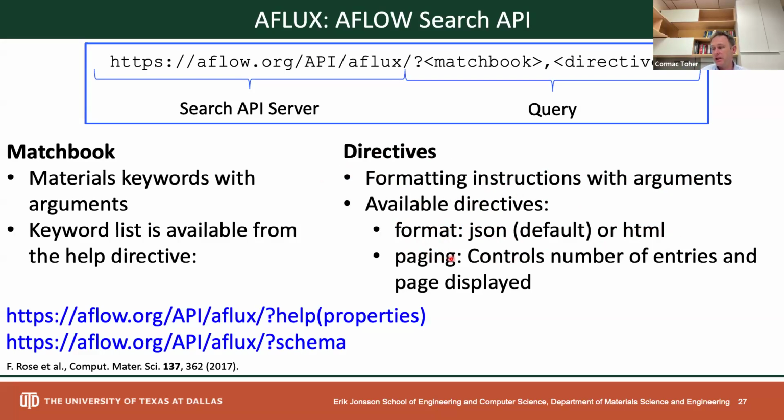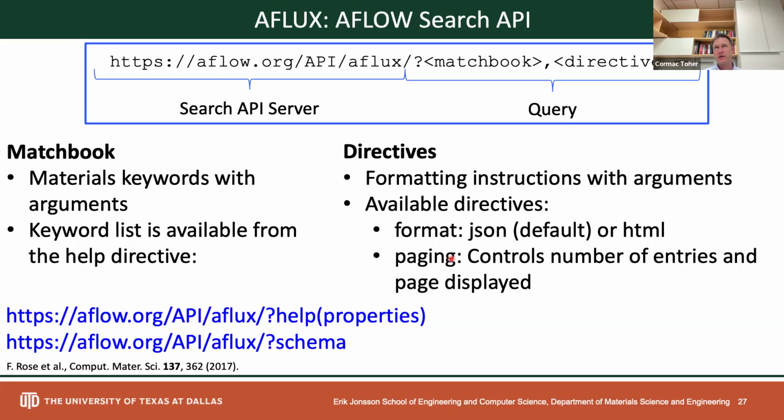We'll come back to this a bit later on, because we can do this for different codes. But this basically returns how many entries per page, so how many entries it will return at a time, as well as the page displayed. You've seen already that some of these databases are quite large. In the case of AFlow, you have maybe 3 million materials entries.